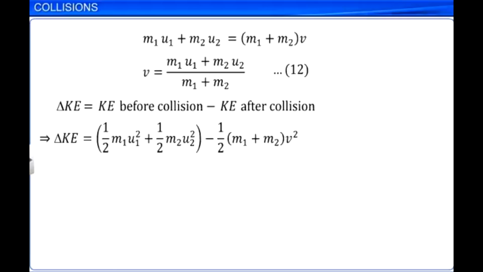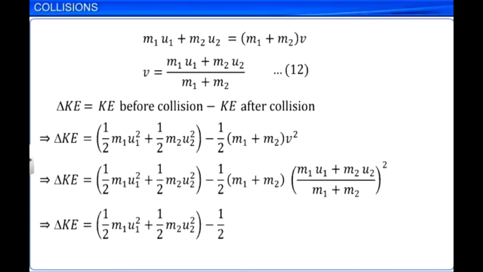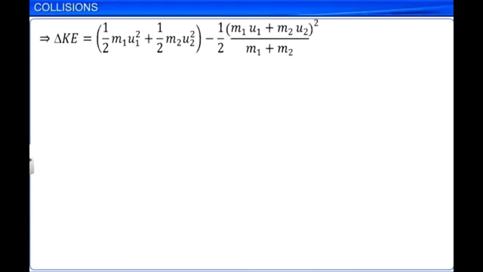We substitute the expression for the common velocity v from equation 12 in the expression for delta KE and simplify as shown.